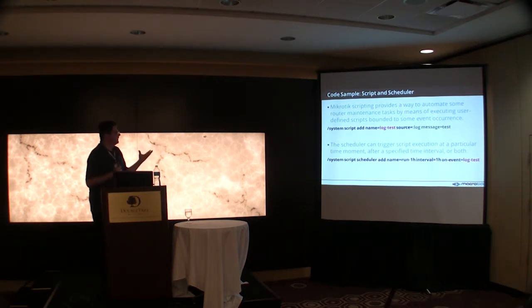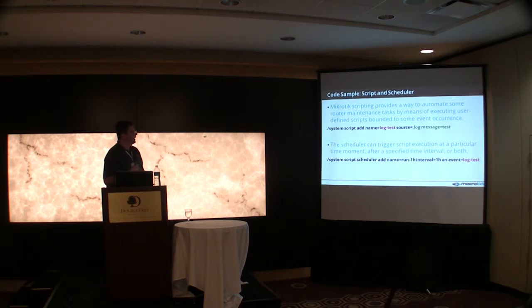So the first system script is the command that, in this case, creates a very basic script called log test. What it does is create a log message with the content test. A script is a way to automate different operations.